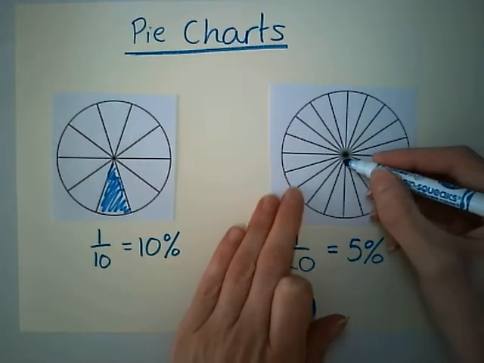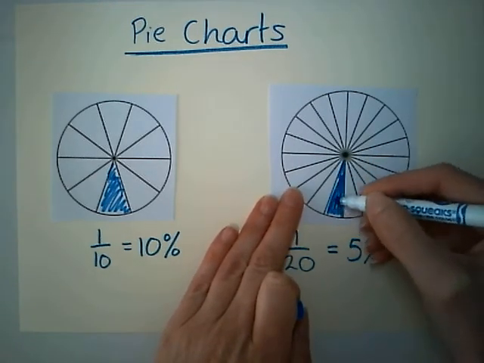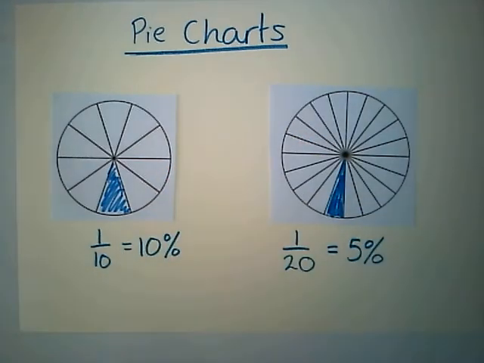So if I was to shade one section here, that would be equivalent to 1/20th of the total. So again, if you know what the total number is, for one section you would just divide that by 20 to find 1/20th.